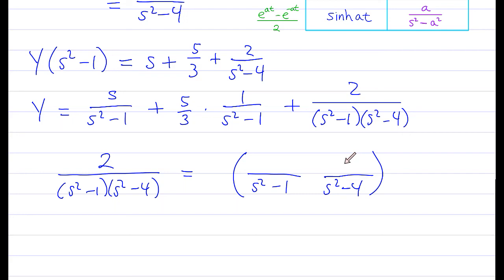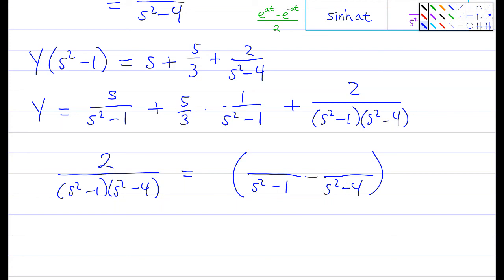I'm going to take a little bit of a shortcut. I see a number over here. That means when I add these fractions or subtract these fractions, I need to have s squared completely cancel. So I'm going to need a minus sign. Because remember, when we combine these with a common denominator, I'm going to have s squared minus 4 up here and s squared minus 1 here. If I have a minus sign, the s squareds cancel.